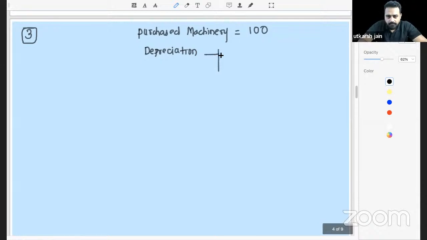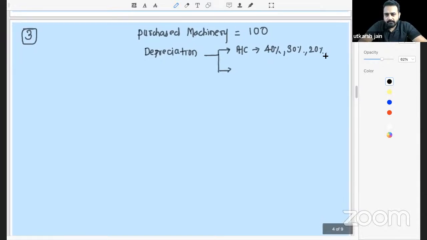Let us say we charge depreciation in the books of accounts at 40% in the first year, of 100. Second year we will charge 30%, then we will charge 20%, and then we will charge 10%. 40, 30, 20, 10. What's the total?